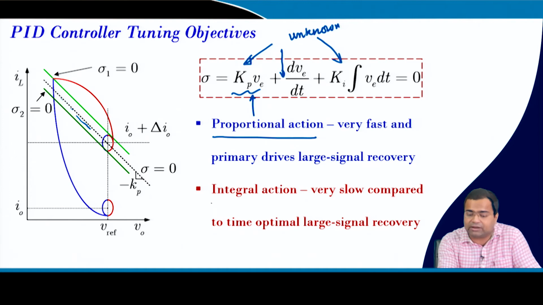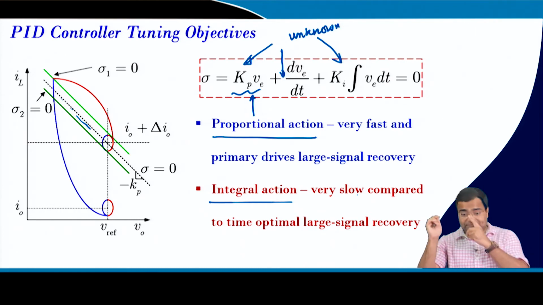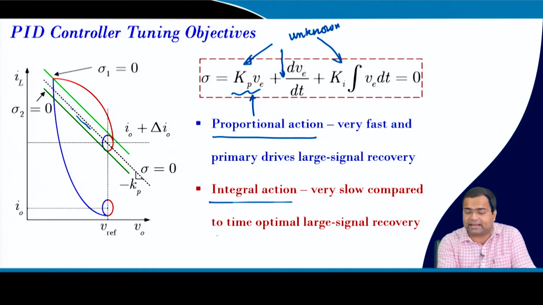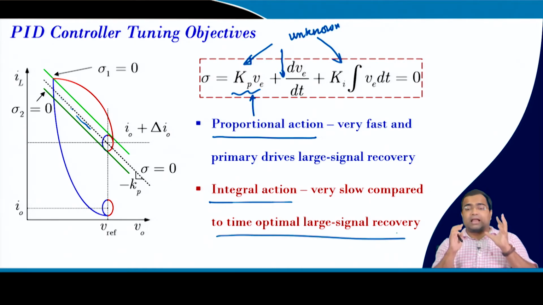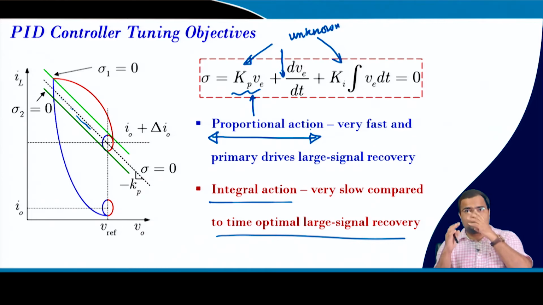So, this action will come during steady state or close to steady state, when the objective is to achieve almost 0 steady state error. But this has almost negligible impact in the large signal recovery, where we want to achieve time optimal recovery, and there our primary role is to choose a suitable proportional gain which will achieve the one switching action.